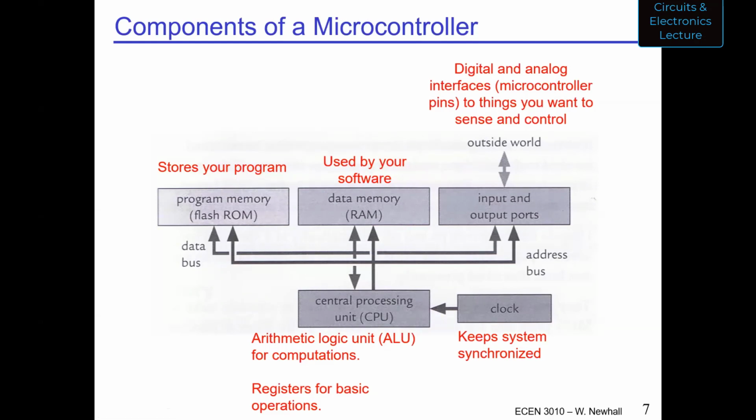I explained at a top level how microcontrollers take instructions in program memory and store variable data in data memory, and the CPU goes out and fetches instructions and gets data and performs operations. It's all synchronized by the clock, and you can control input ports and output ports. We're going to dig a little bit more into that today.